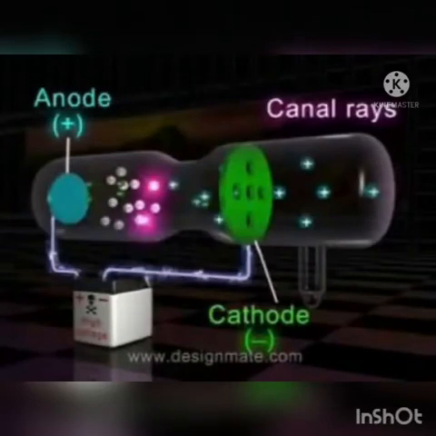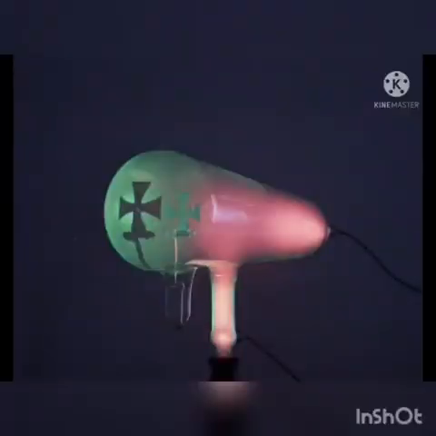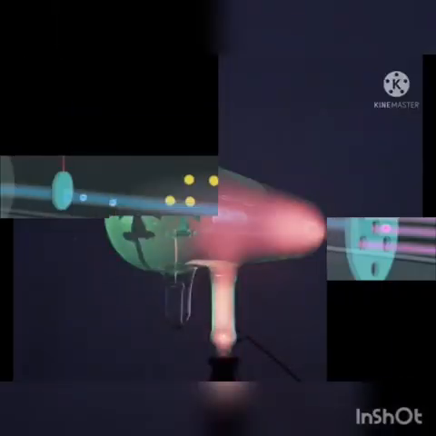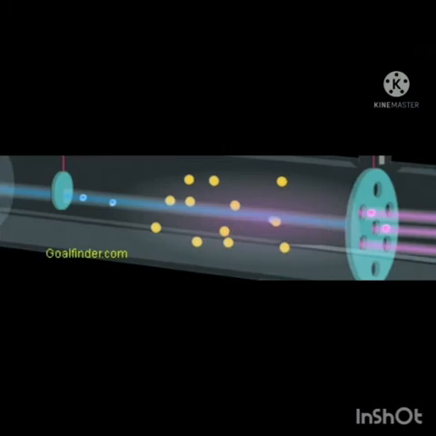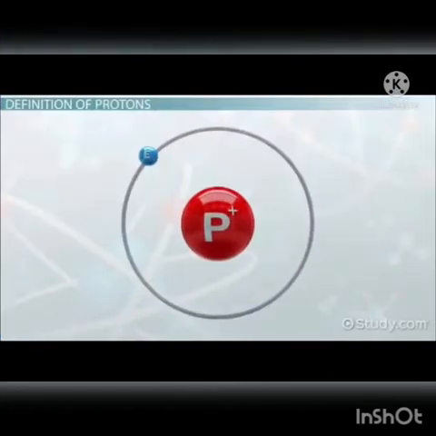Why that name, you wonder? Any guesses? Simple. Since these rays passed through the holes of the cathode, he named them canal rays. With his experiments, he found that these rays are made up of another subatomic particle, later labeled as proton.